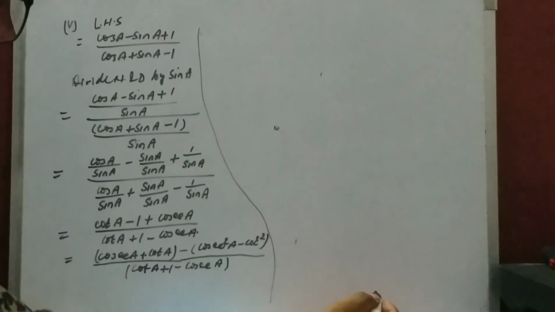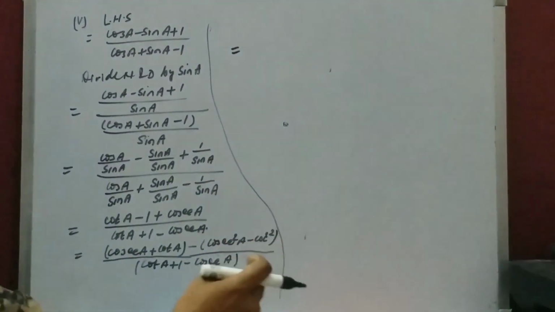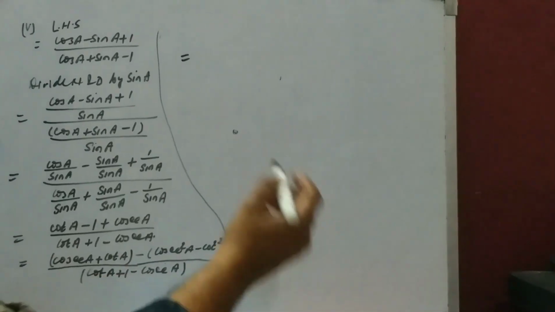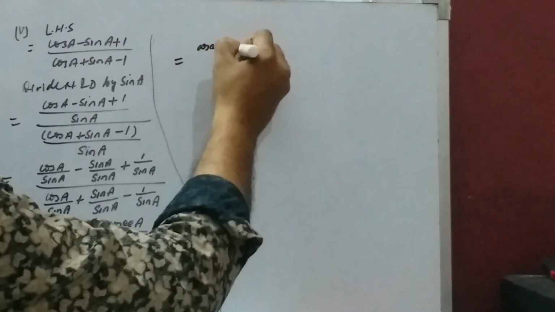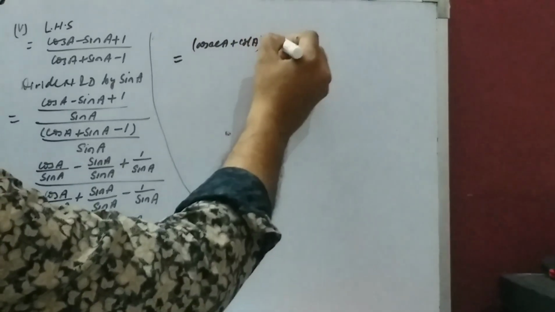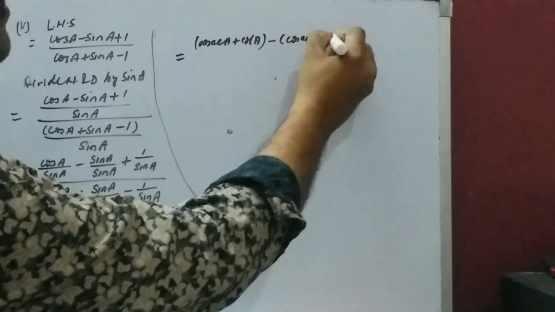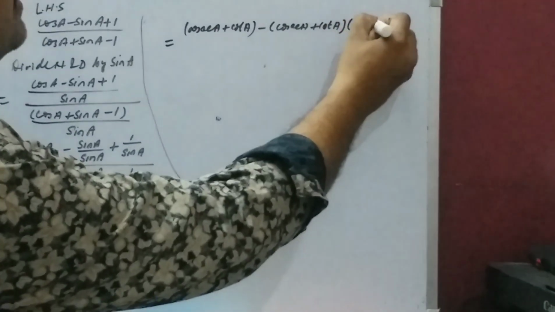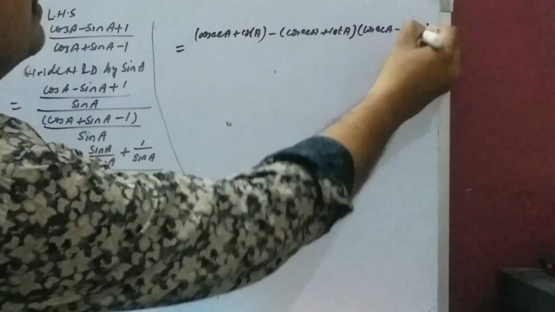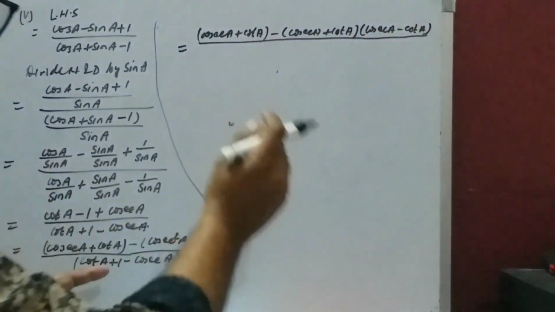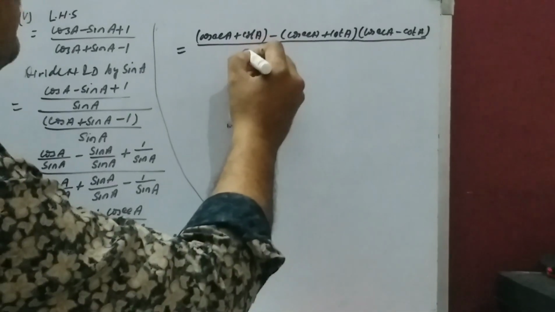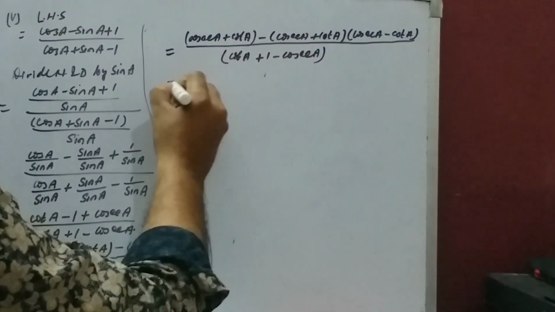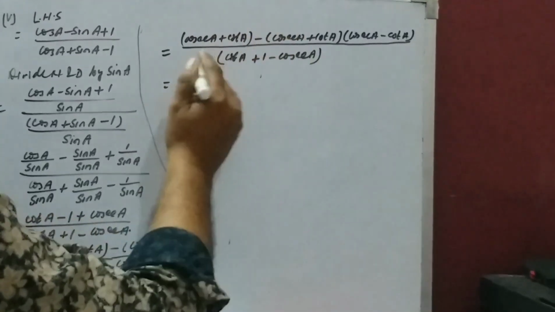Don't do anything in the denominator here. Don't disturb it. Yes, then write the factor form of this, cosec square A minus cot square A. This is cosec A plus cot A into cosec A minus cot A. And in denominator, this denominator is written as it is, cot A plus 1 minus cosec A. Now take cosec A plus cot A as common.